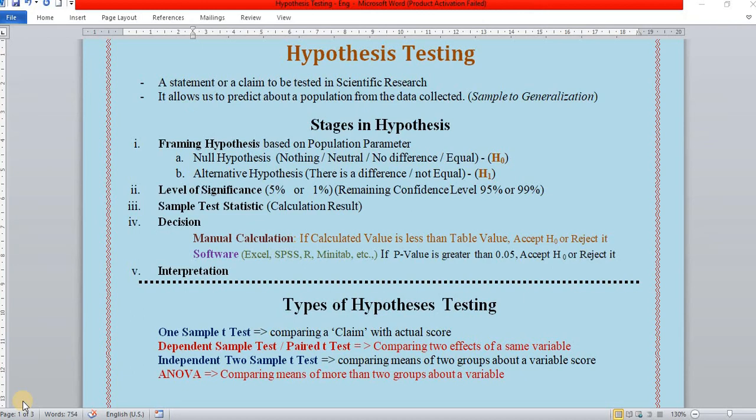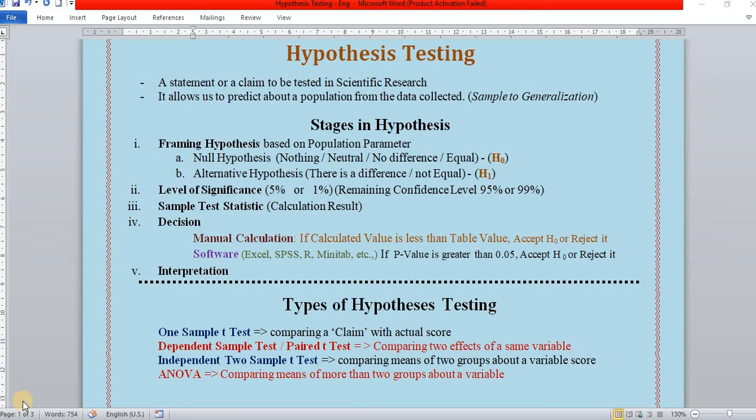And there are different types of hypothesis testing. One is the one sample t-test, comparing a claim with actual score. A claim is nothing but a common statement of a particular class or country or thing.